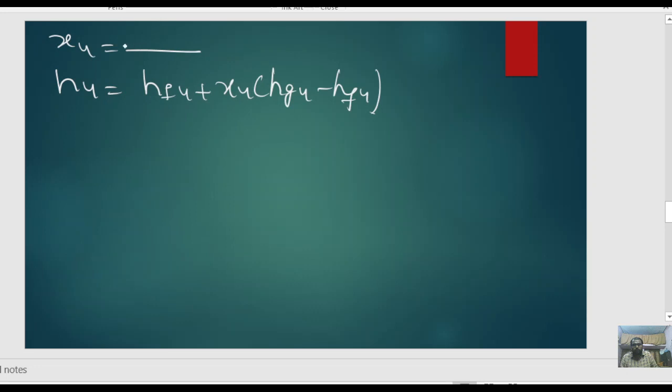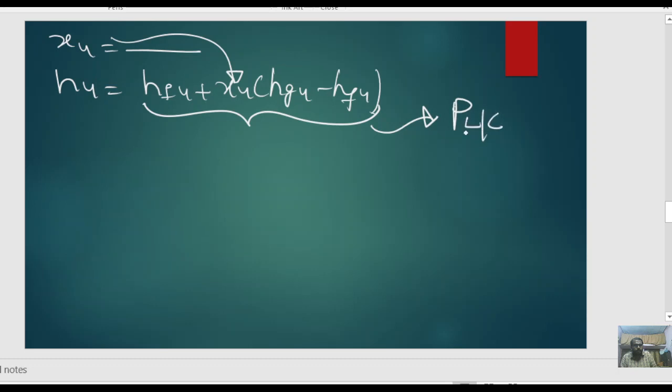Okay, this X4 value you have to put in this, and all these enthalpy values you have to take from P lower, that is the condenser pressure. Okay, now you know all the enthalpy values.